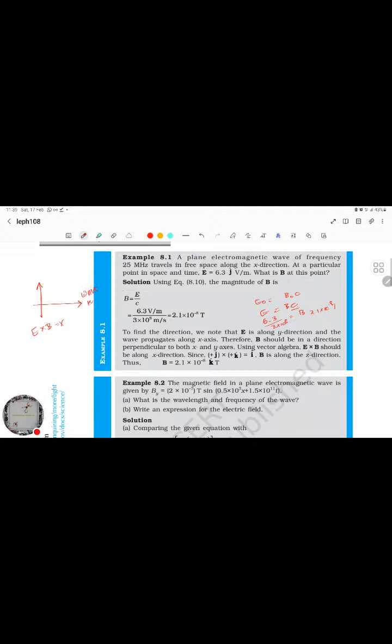So it should be this way or either this way or that way. But if I'm doing the crossing in this fashion, then it will be in the negative x direction. To have a positive x direction value, the magnetic field should be along the positive z axis, that is plus k cap. I think that's fine now.